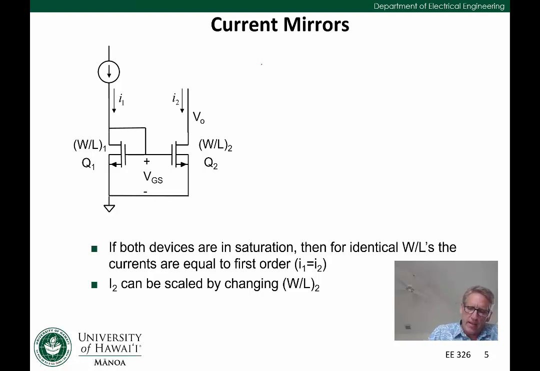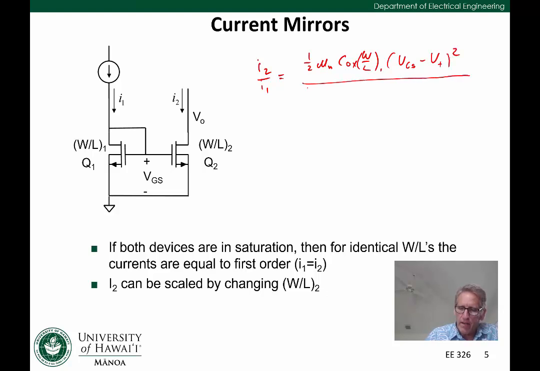So I could write that I2 over I1 is equal to 1/2 mu n Cox W over L1 times VGS minus VT squared divided by 1/2 mu n Cox W over L2 times VGS minus VT squared.